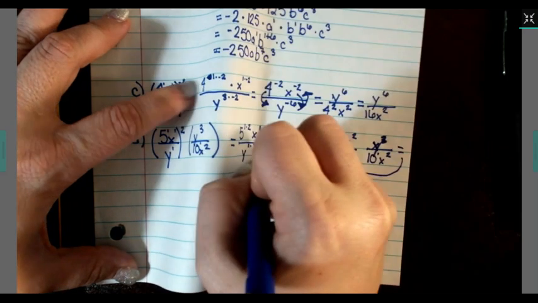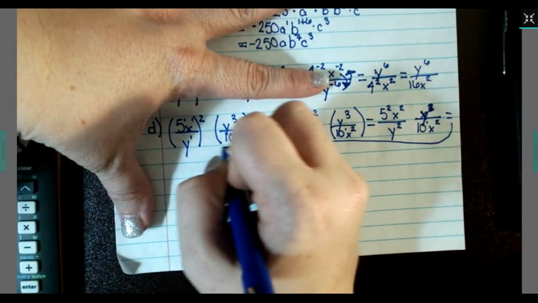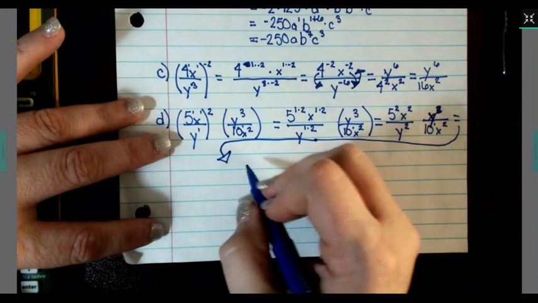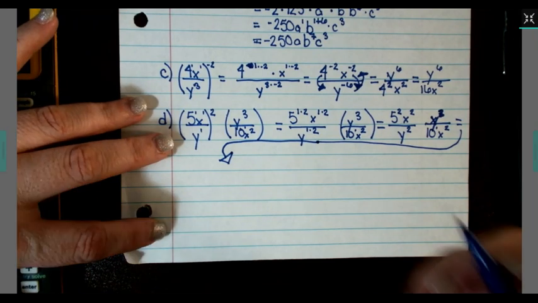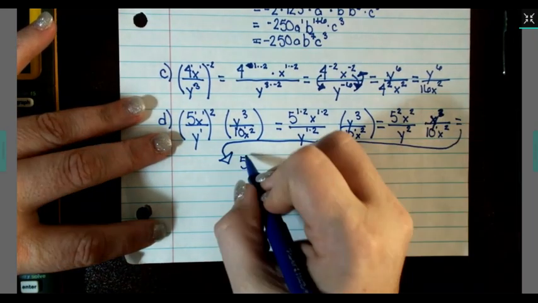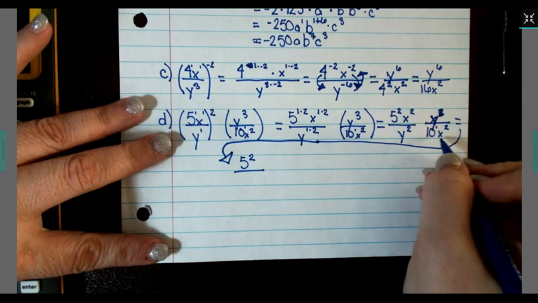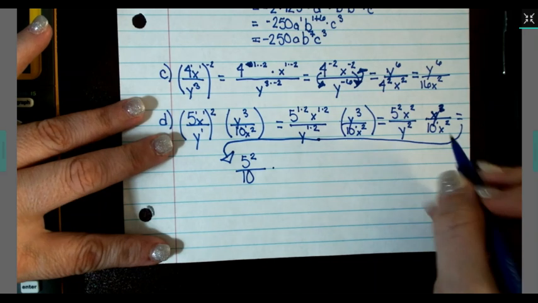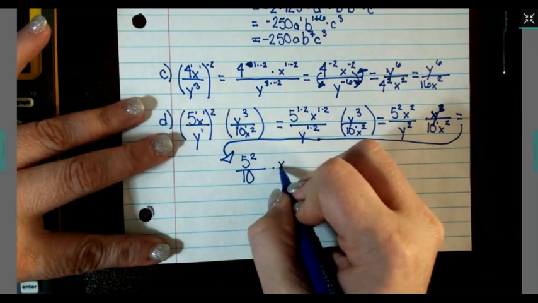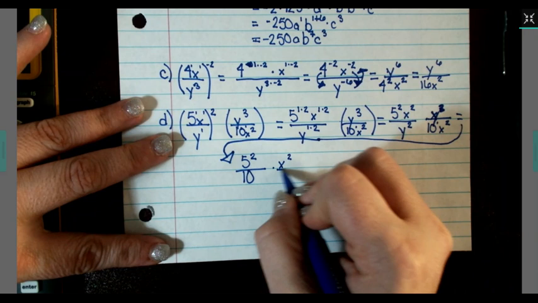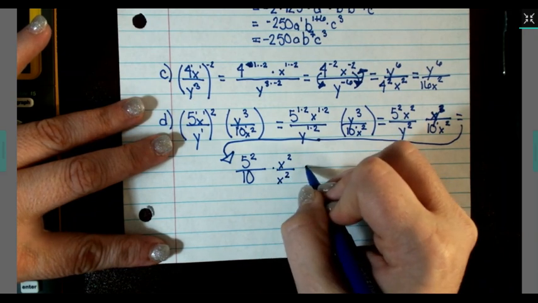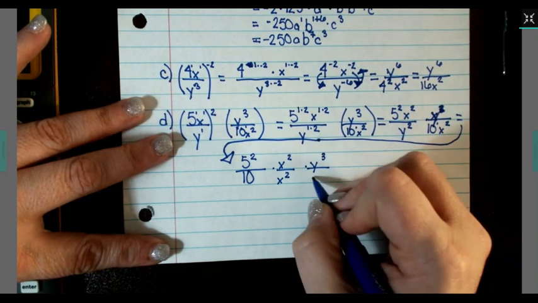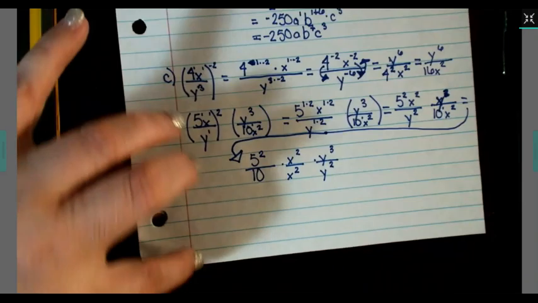So we're going to draw our arrow this way. Okay. So I came down. Now we want to group our terms together. So I have 5 squared in the numerator position and a 10 in the denominator position. We've got x squared in the numerator position and an x squared in the denominator position. We have y cubed in the numerator position and y squared in the denominator position.